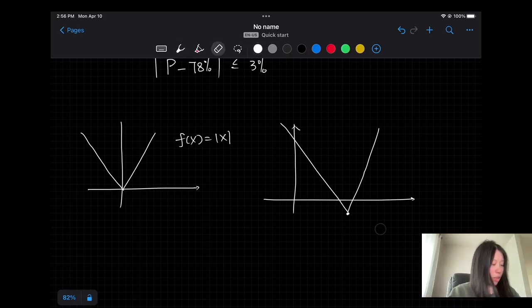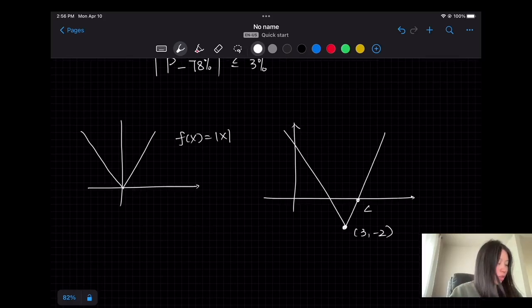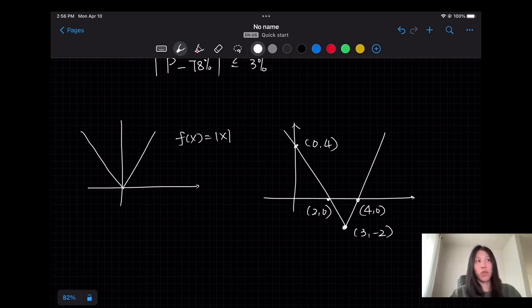This is maybe not the best graph. And here is (4, 0), and here is (2, 0). Here should be (0, 4). I want you to find the function.